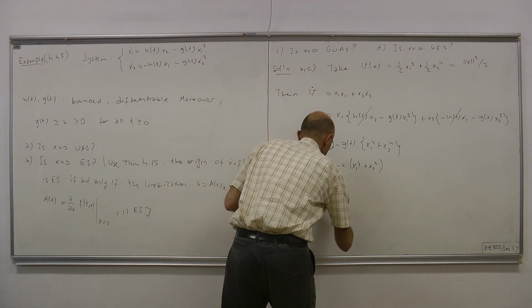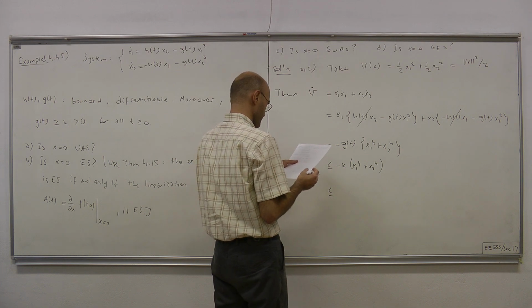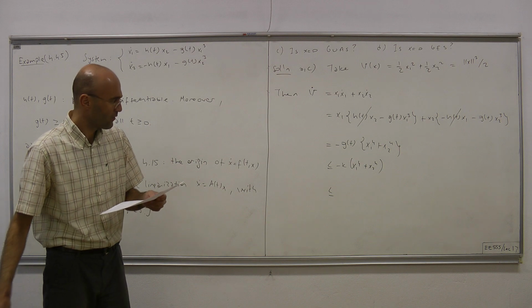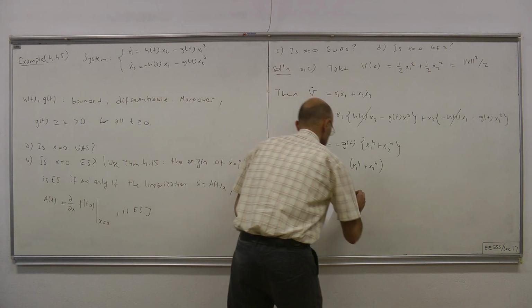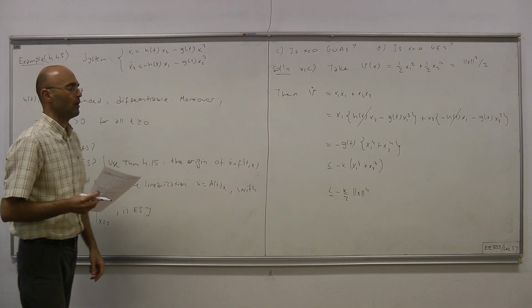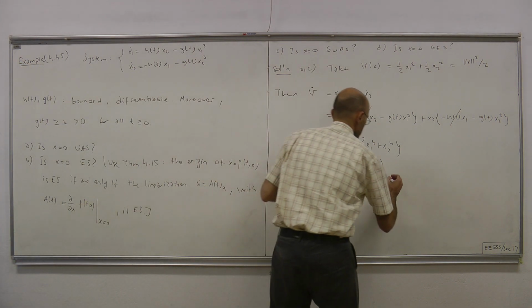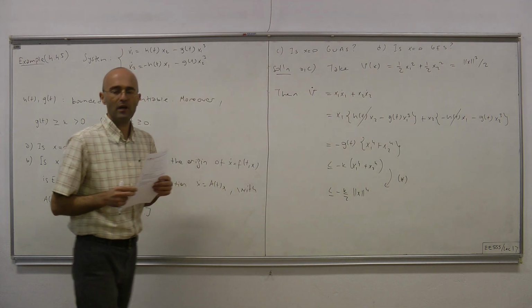Now, this, it turns out, is less than or equal to something, minus k over 2 times norm raised to the power 4. Okay. And from this step to this step, we use a few lines of tricks.